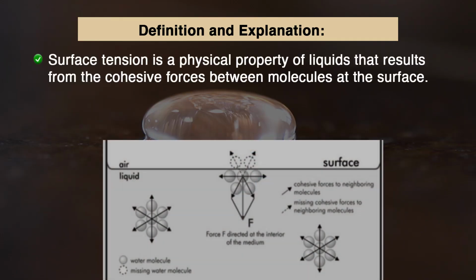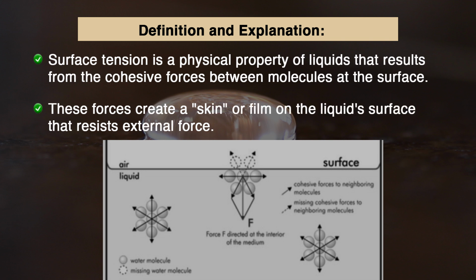Surface tension can be defined as a physical property of liquids that results from the cohesive forces between molecules at the surface. These forces create a skin or film on the liquid's surface that resists external force.